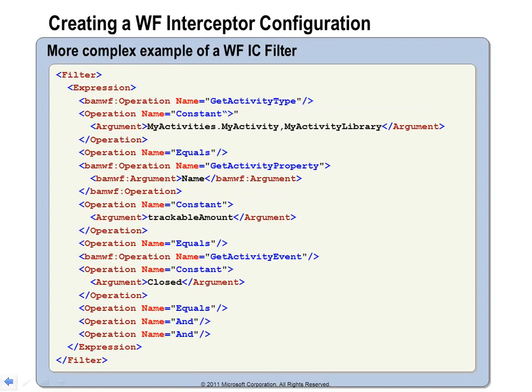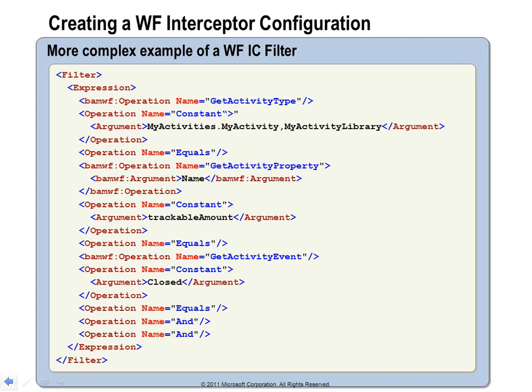As we get a little bit more complex, you can see here in our filter that we've identified a particular activity type equal to that constant. We've also got the activity property there where we want to get the name, and we want to have that mapped to the constant trackable amount. So you can see we're doing an equals on that. And then we also want the get activity event of closed.